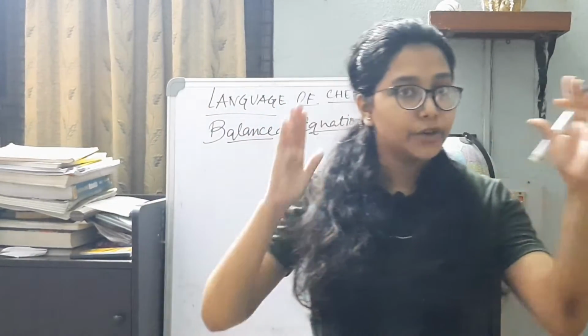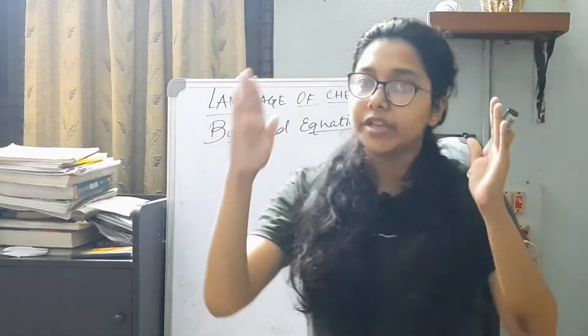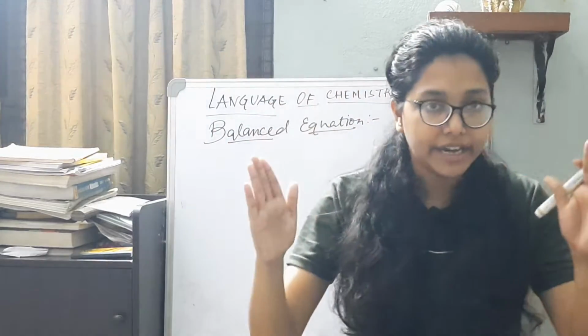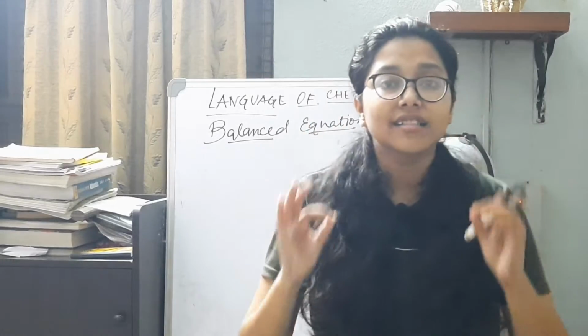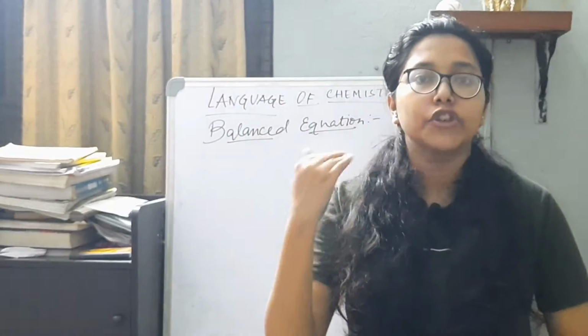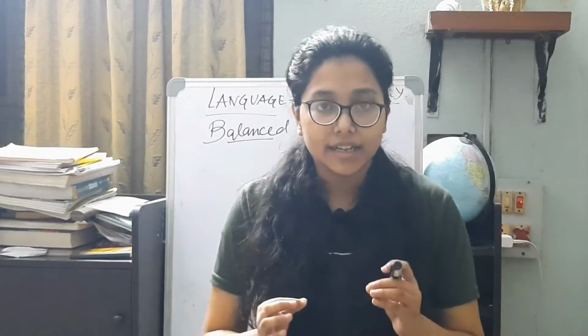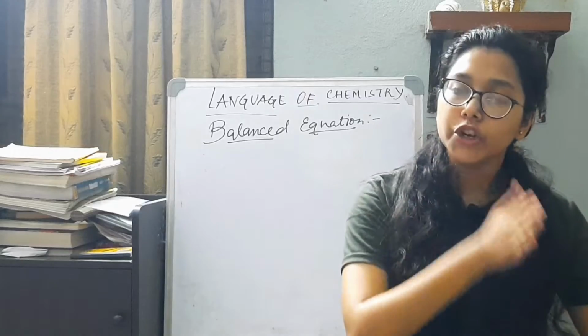So the total number of atoms of a particular element on the left hand side is equal to the total number of atoms of the same element on the right hand side, which confirms the conservation of matter, or more specifically the conservation of mass, because the number of atoms should remain the same.